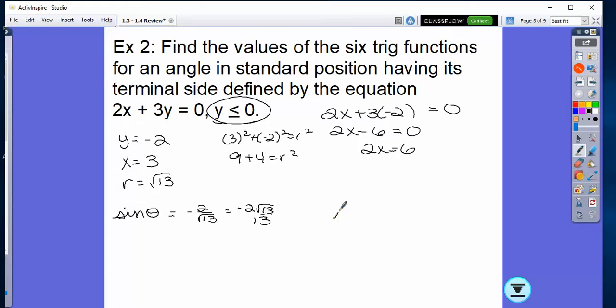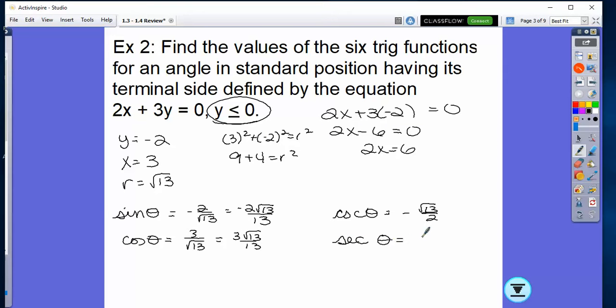Reciprocal of sine is cosecant. So that would be r over y, so negative radical 13 over 2. Cosine, x over r, so 3 over radical 13, which gives us 3 radical 13 over 13. Then we know the reciprocal of cosine is secant.